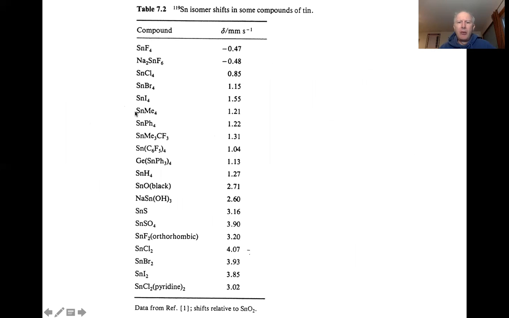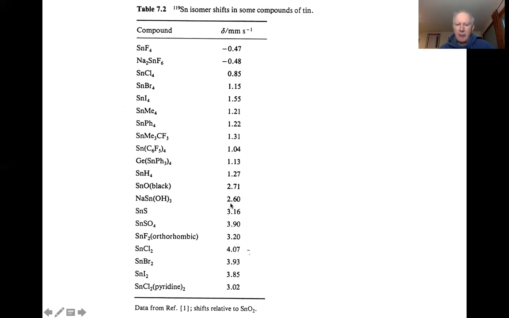Right, and so I'm just including this for completeness, this is all data for tin, and it lists the range of chemical shifts that you would expect for tin. So everything from tin tetrafluoride with negative 0.47, negative 0.48 for these really electronegative things on there. As you put less electronegative elements on the tin, it goes to higher isomer shifts.